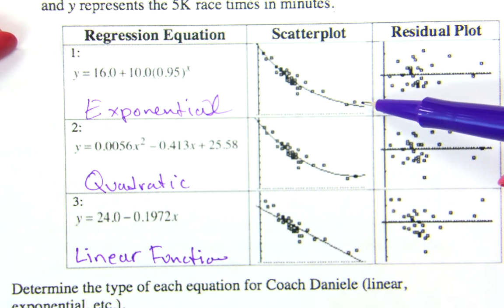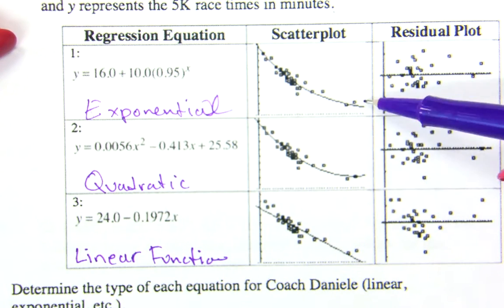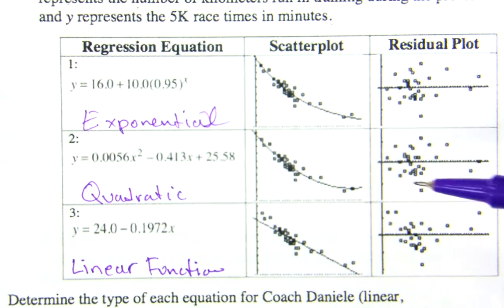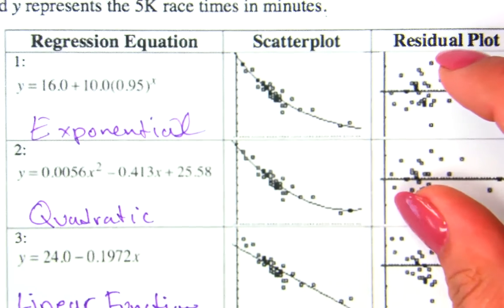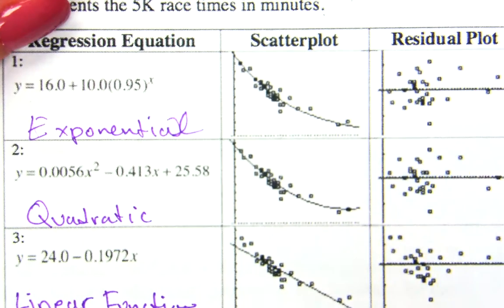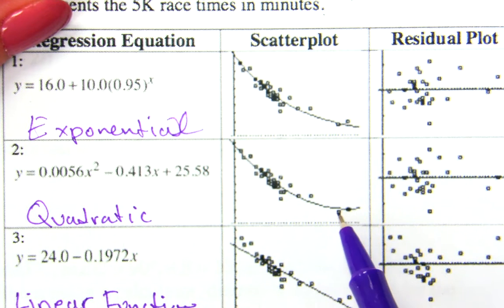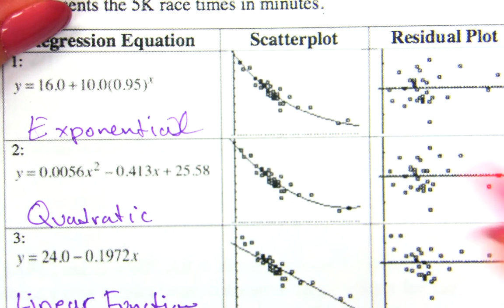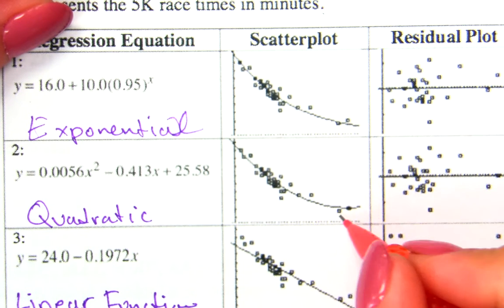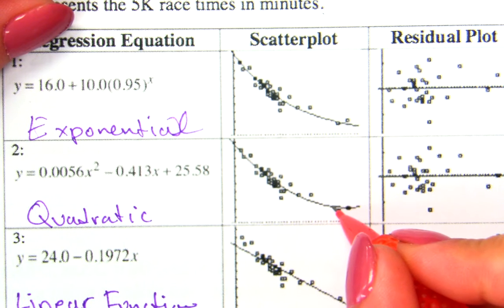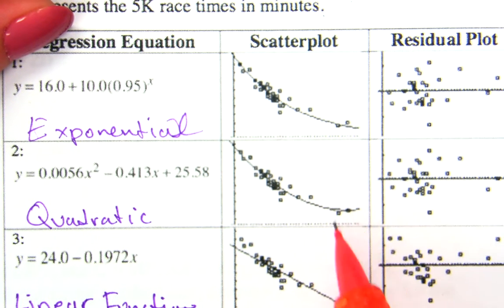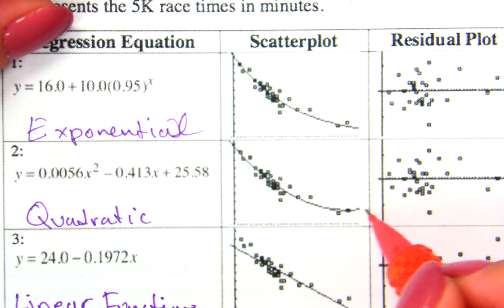And then you looked at the first and the second one, they kind of both look about the same, but then I started to notice, oh, wait a minute, here we go. If this is a quadratic, that pretty much means that somewhere here, it's actually going to start to rise up again. So when you really think about the data, you're not going to have anything start to come back up again once your players peak over here in runtime.